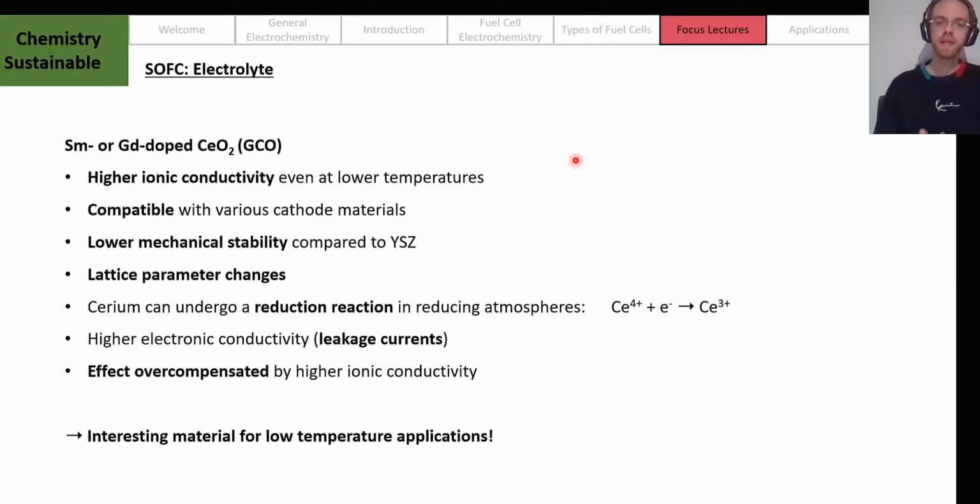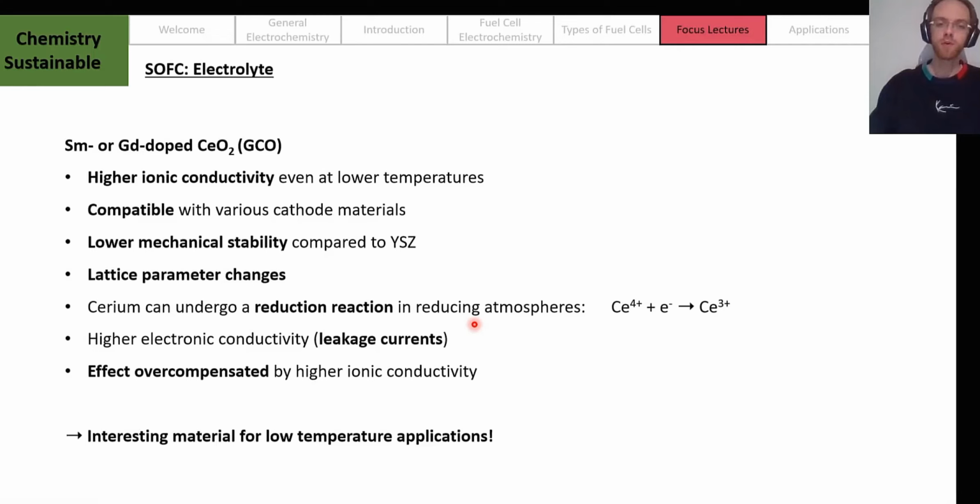This shrinking and expansion behavior is additionally aggravated by the fact that cerium can undergo a reduction reaction in a reducing atmosphere. We've noted as a requirement before that the material has to have stability in oxidative as well as in reductive environments. And here you can facilitate the reaction of cerium 4+ being reduced by an electron to cerium 3+. Additionally, the material has a high electronic conductivity.